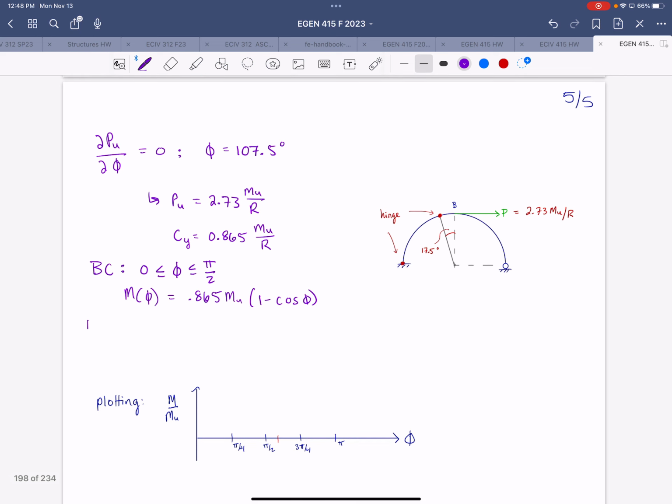And then for span AB, where phi is between pi over 2 and pi, we have our moment is equal to 0.865 mu times 1 minus cosine phi minus 2.73 mu times 1 minus sine of phi.